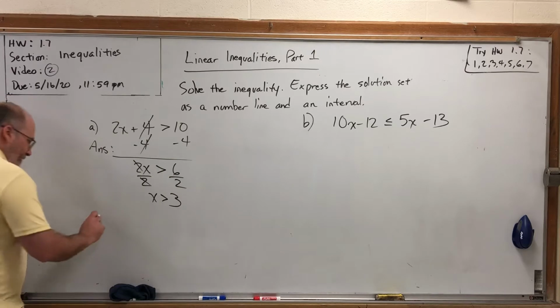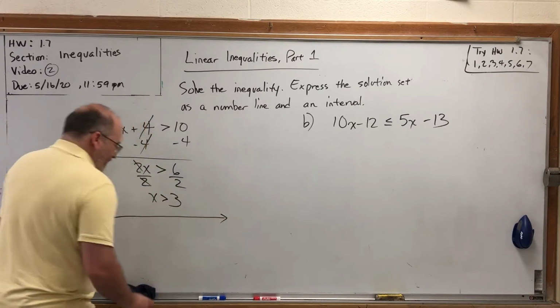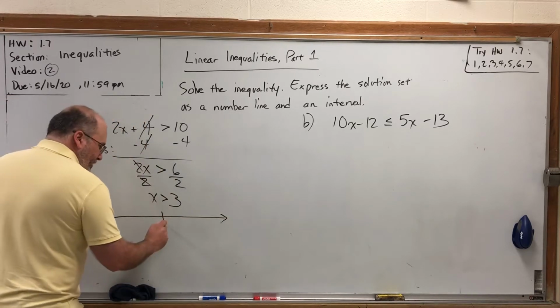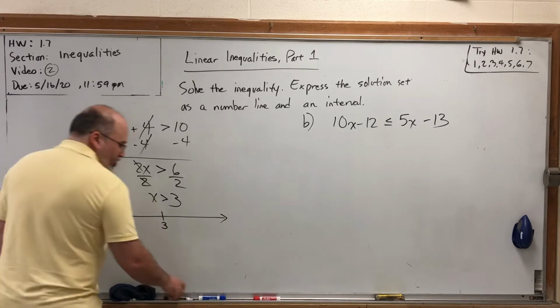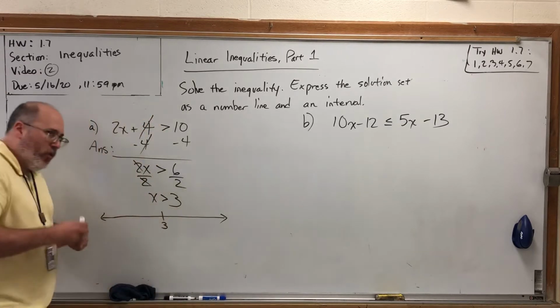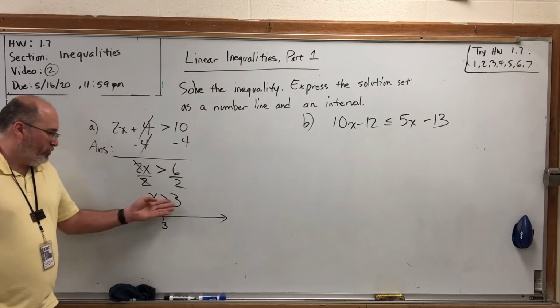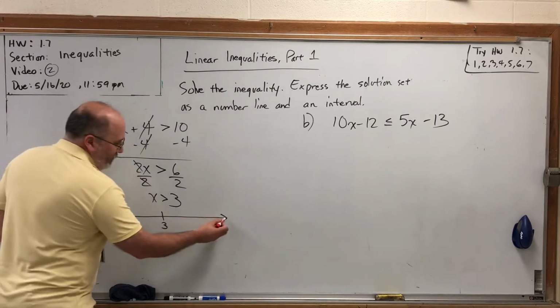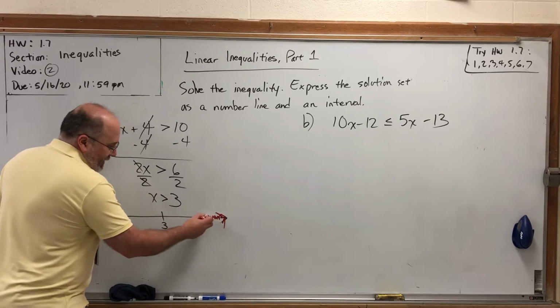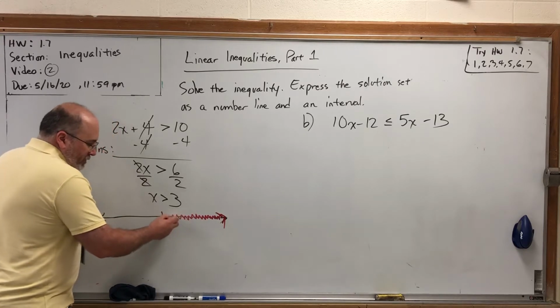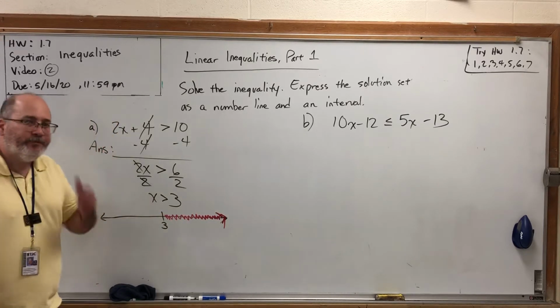Well, that wasn't too bad. The number line is pretty easy. Find the number you're looking at, 3. Shade the correct side based on the inequality. Well, we want the numbers greater than 3. Those live to the right of 3. And on the 3, parentheses or bracket.